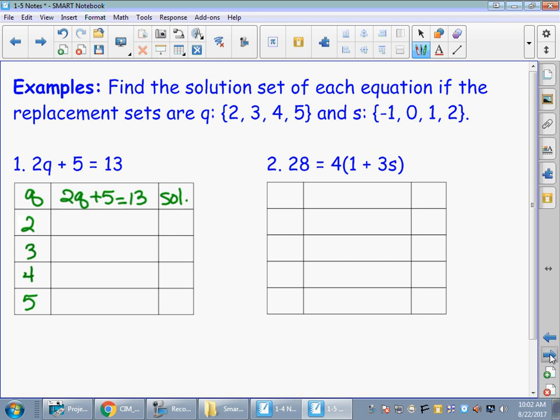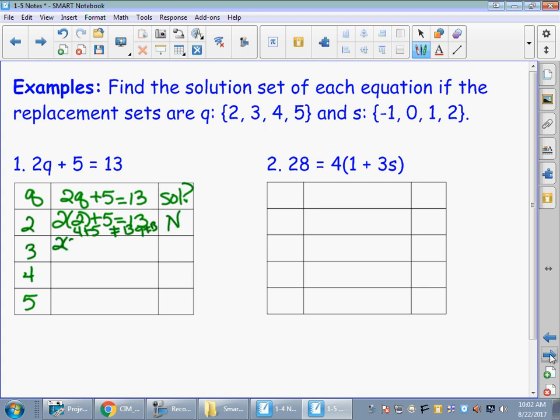So if Q is 2, I'm going to replace the Q with 2, and this is just, is it a solution or not? 2 times 2 is 4, plus 5 does not equal 13. 9 does not equal 13. So no, not a solution.